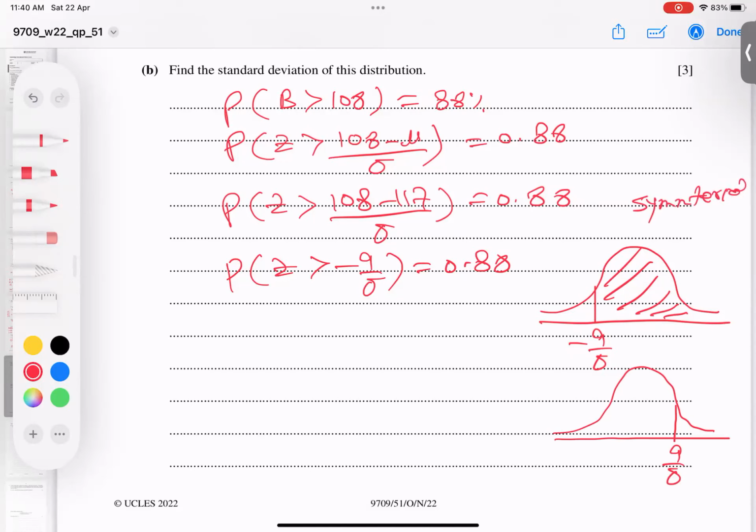Symmetrical means this area and this area are exactly the same. Now this is the area we have. So first of all, this area we write here as phi of 9 over sigma, equal to this number. I will check from the table which phi gives you 0.8800.